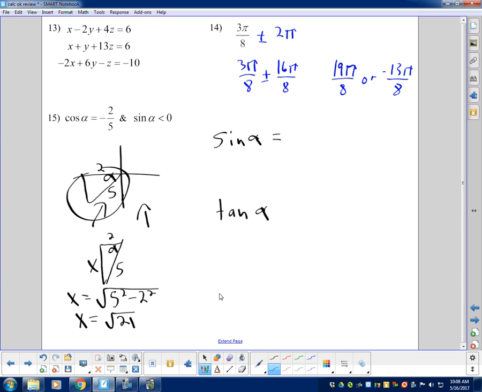Sine of alpha is opposite over hypotenuse, which is square root of 21 over 5. We are in the third quadrant, so it's going to be negative square root of 21 over 5. And tangent is opposite over adjacent, so square root of 21 over 2. Because I'm in the third quadrant, a negative over a negative gives me a positive.